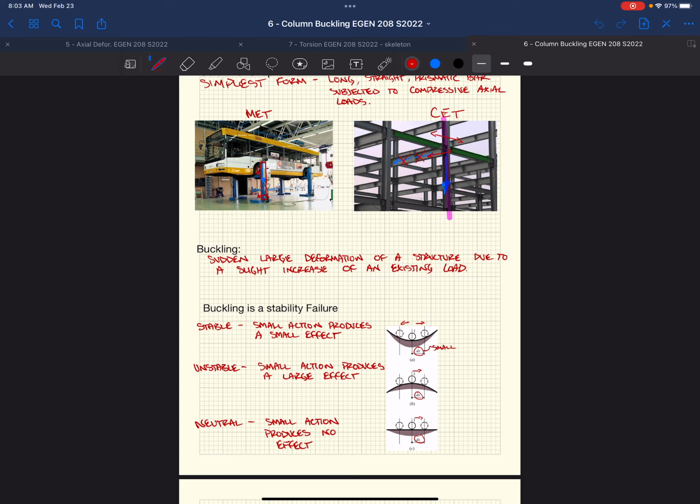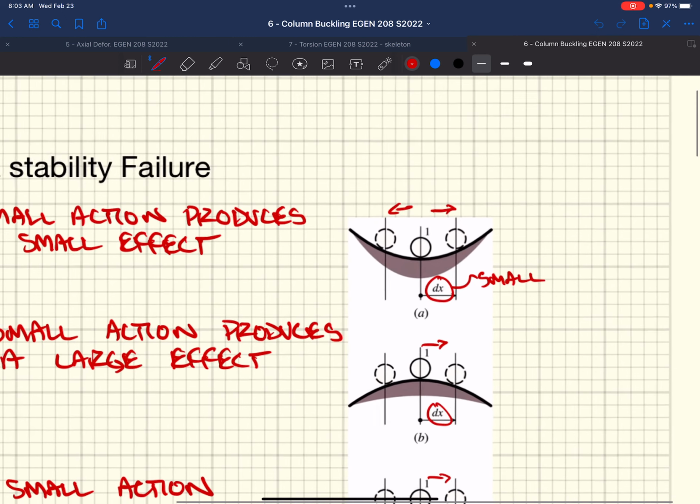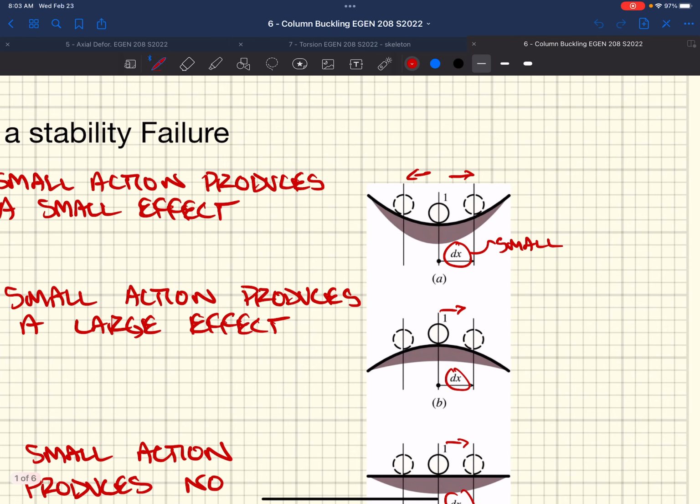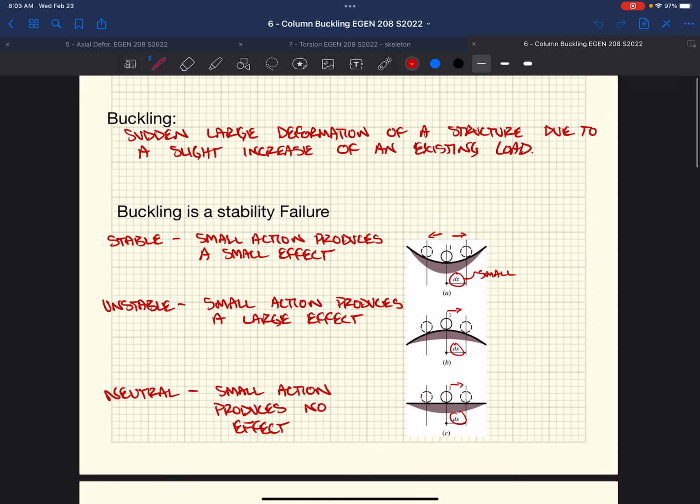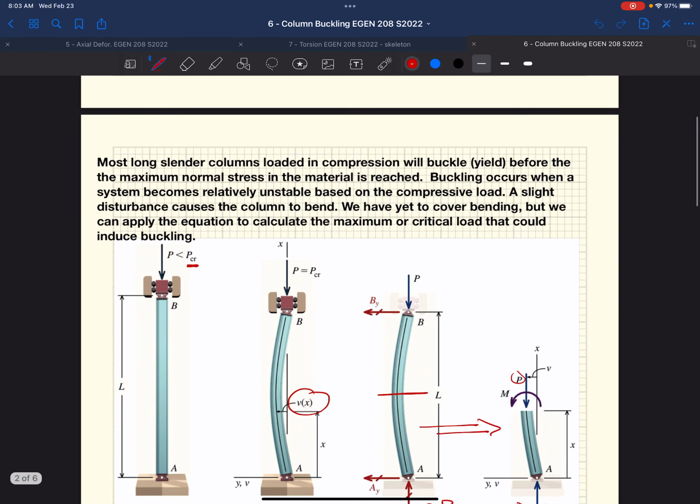It does not provide a lot of warning. When it buckles, it's done. It's the unstable condition, where if that column were to buckle just slightly, it's coming to the ground. It's not like we can see it as it goes. It's very catastrophic, and so it's a very undesirable failure mechanism.